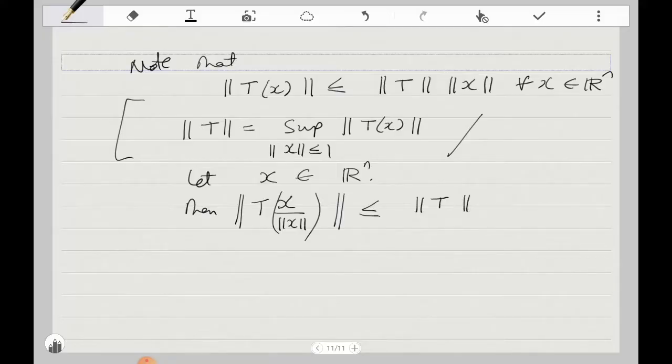But this 1 over norm x is a scalar and I use linearity.